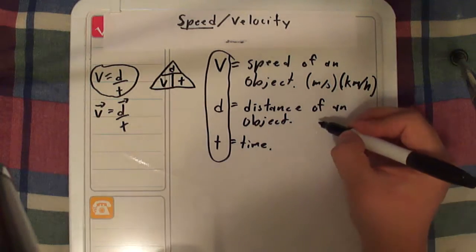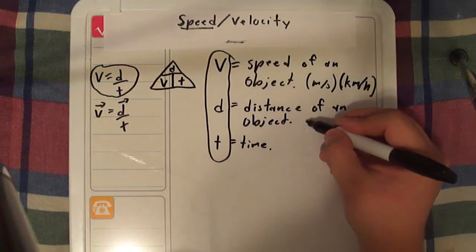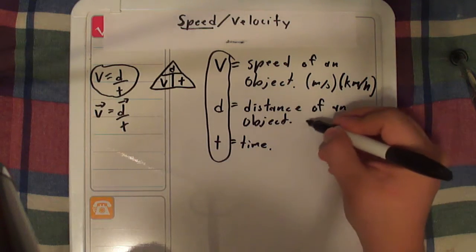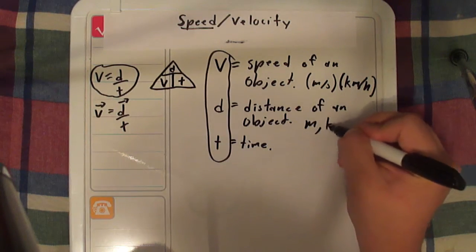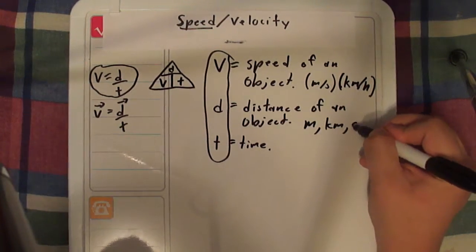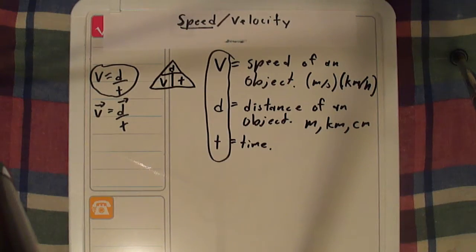Distance is usually in meters, kilometers, centimeters. Anyone who's outside of Canada or does not use the metric system might not know what I'm talking about. Distance could also be miles, feet, inches, yards, stuff like that.